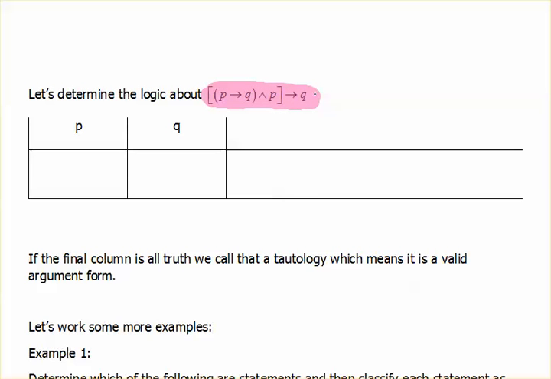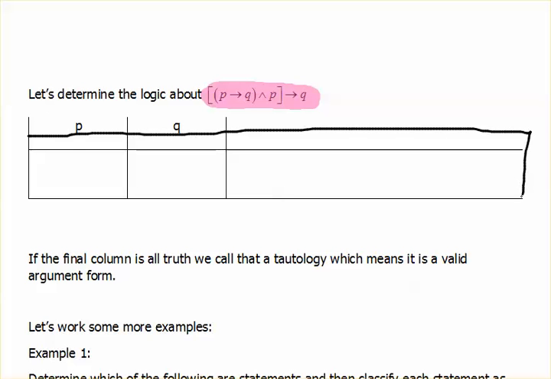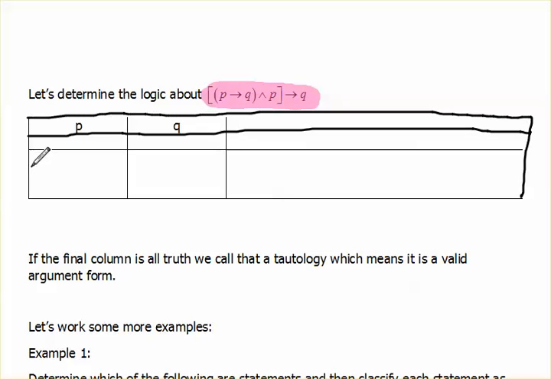We've got P implies Q and P joined together implying Q. And this is a logical form. So I know it kind of looks funny, but it is actually a logical form. So again, I don't have my lines that I should have, but we will improvise here.